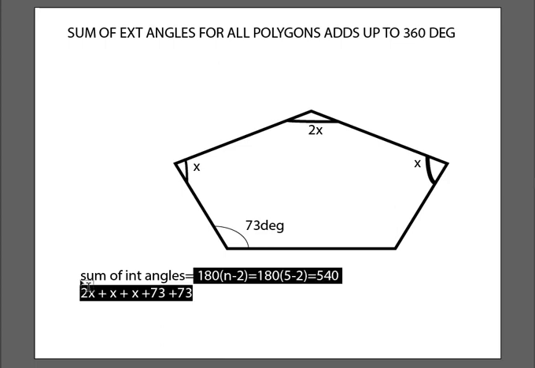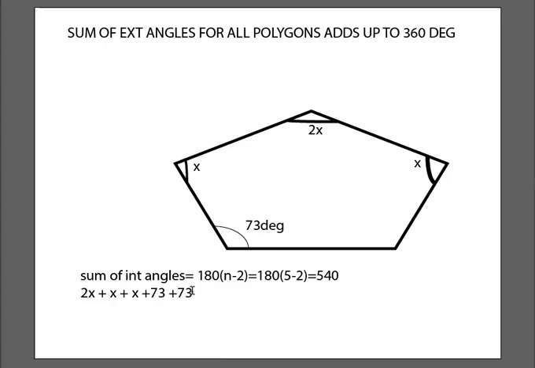You have calculated already, and you have gotten the answer to be 540 degrees. So you have got 4x plus 73 times 2, that's 146 degrees, is equal to 540 degrees.